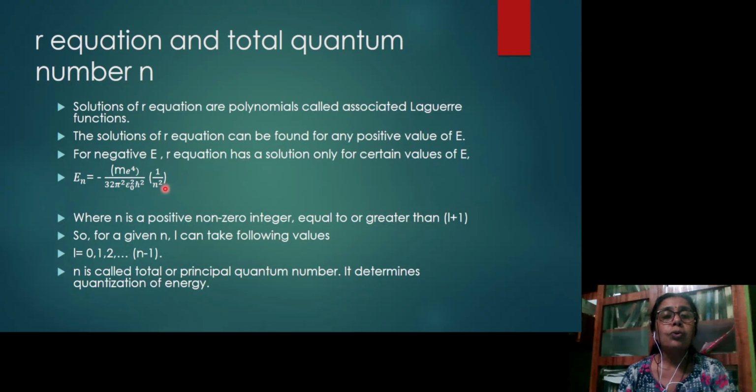Okay, so this n is called the principal quantum number or total quantum number. It is a positive non-zero integer and it is equal to or greater than L plus 1. So therefore L can take values from 0, 1, 2 up to only n minus 1. n is called the total or principal quantum number and it determines the quantization of energy.